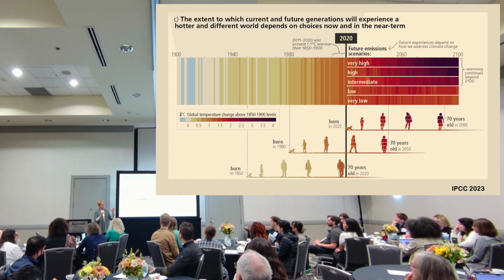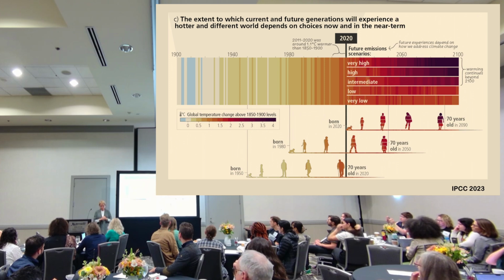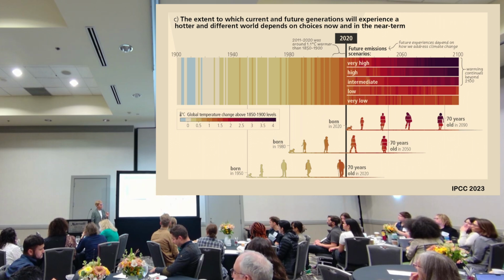All of these have been line graphs. This is the first time that the warming stripes were used. I assume you've all seen the warming stripes. This is the first time those were used in the IPCC report, and it's the very first time they put people on the report. And this is where the title of the talk comes from. This just goes back to 1900 and shows you the very large differences in experiences.